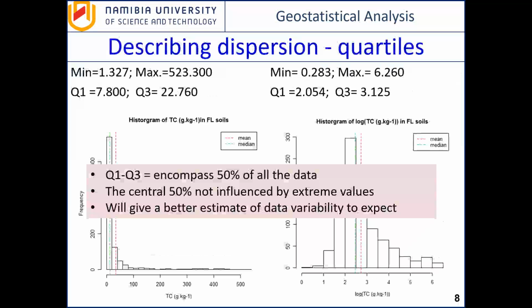Again, if we cut the rest, the group of data between quartile 1 and quartile 3 encompasses 50% of all the data. So it's the 50% which is not influenced by extreme values.